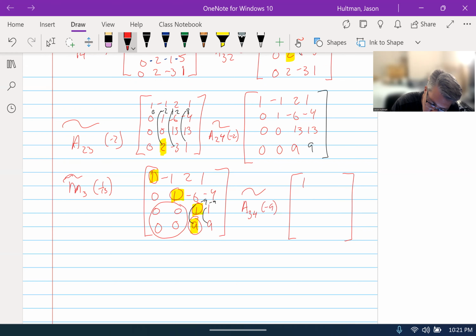So this becomes 1, -1, 2, 1, 0, 1, -6, -4, 0, 0, 1, 1, and 0, 0, 0, 0. So we do get a row of zeros. Now this guy is in row echelon form.